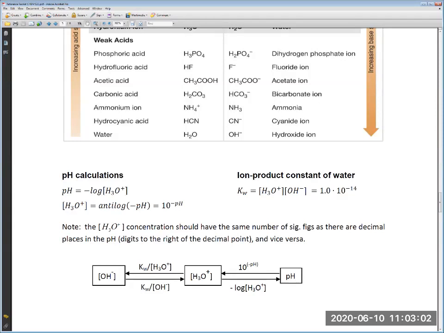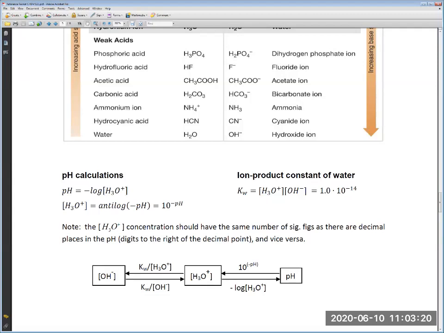So that's why it's nice to use the pH. And so when you know the concentration of H3O plus and you want the pH, then you use this formula that says pH equals negative log of H3O plus.